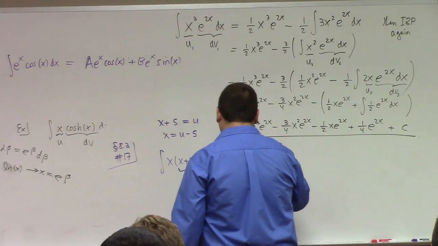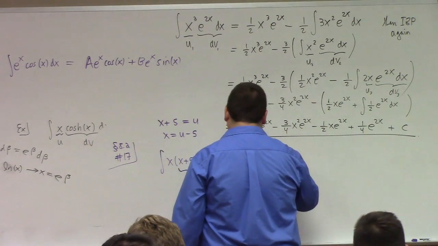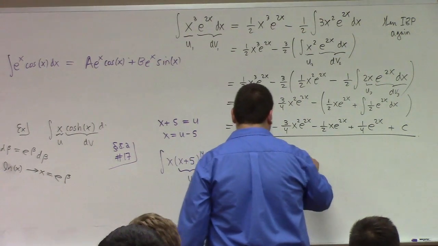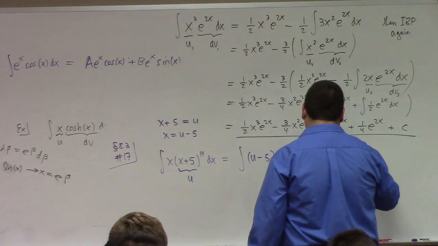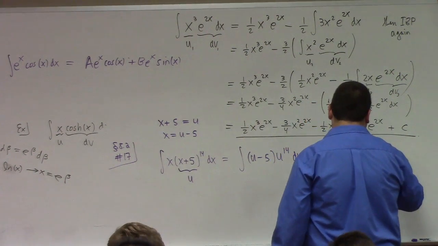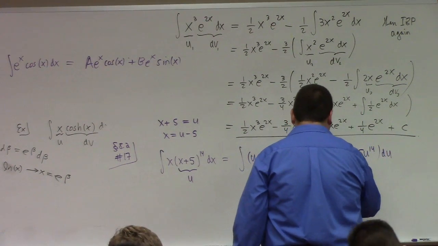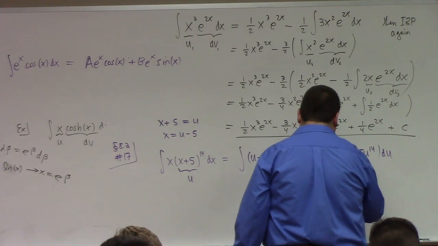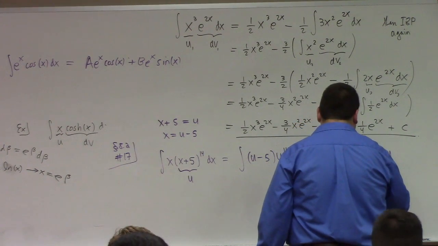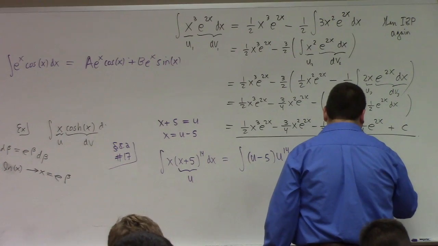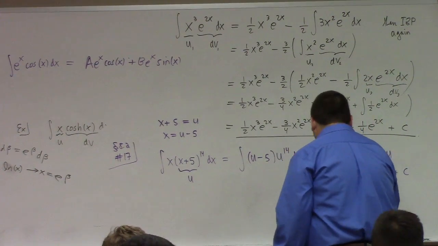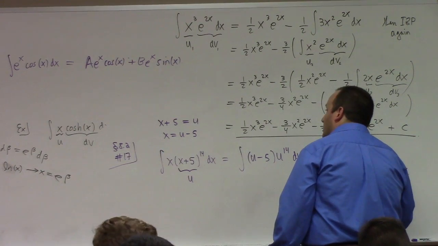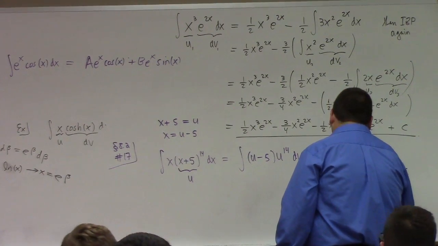So this is the integral of u minus 5 times u to the 14th power du, which is the integral of u to the 15th minus 5u to the 14th du. So what you got is u to the 16th over 16 minus 5 over 15, aka 1/3, u to the 15th plus a constant. Final answer: simplify it, 1/16 times u, x plus 5, yeah.